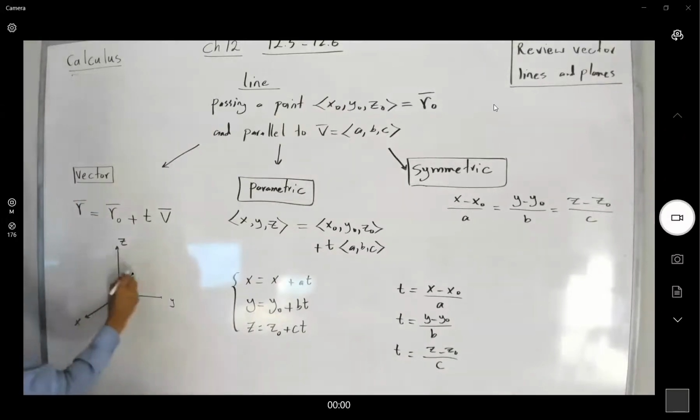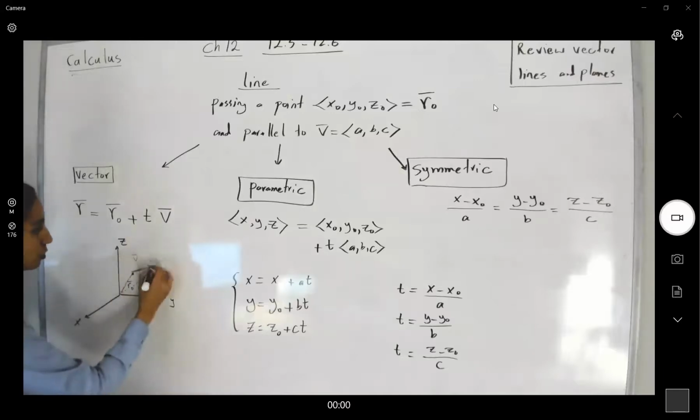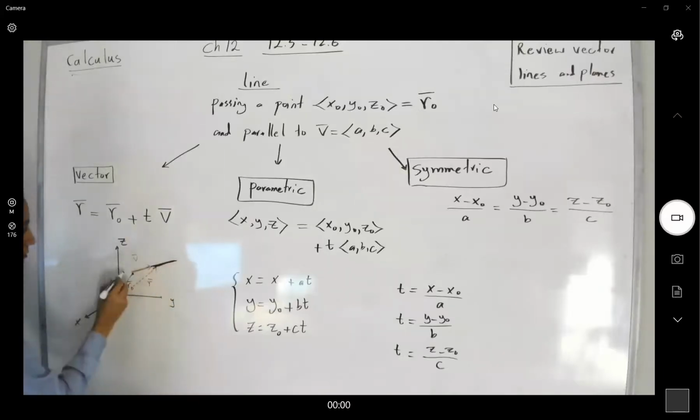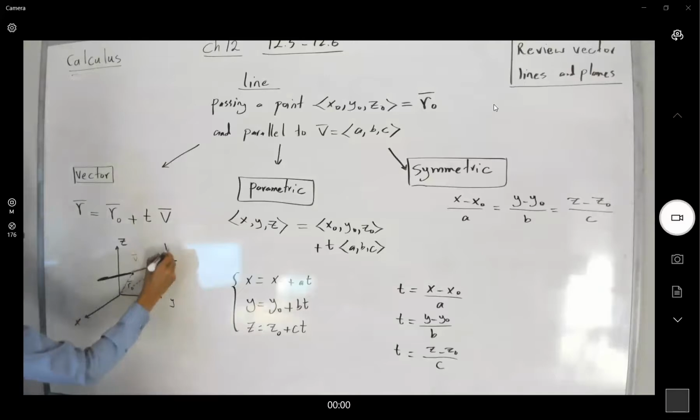Then you have the direction vector, V. And your job is to find this vector R. The line passes through the direction vector, including your point. So R as a vector equals vector R sub 0 plus vector V.